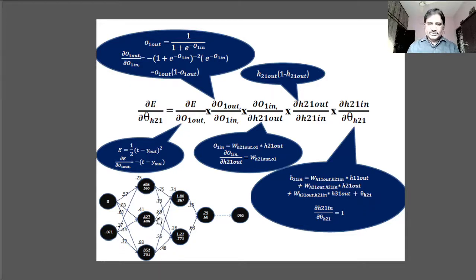That is WH21 out to H21 in, multiplied by H21 out. Then H31 out multiplied by weight. What is that weight? WH31 out to H21 in, plus theta H21. All right.